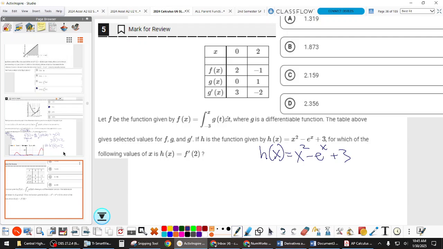All right, so big idea. F prime is what? Is g. So g of x. So we want h of x to equal g of 2, which is 1. So let's try that solver strategy for that one and see.